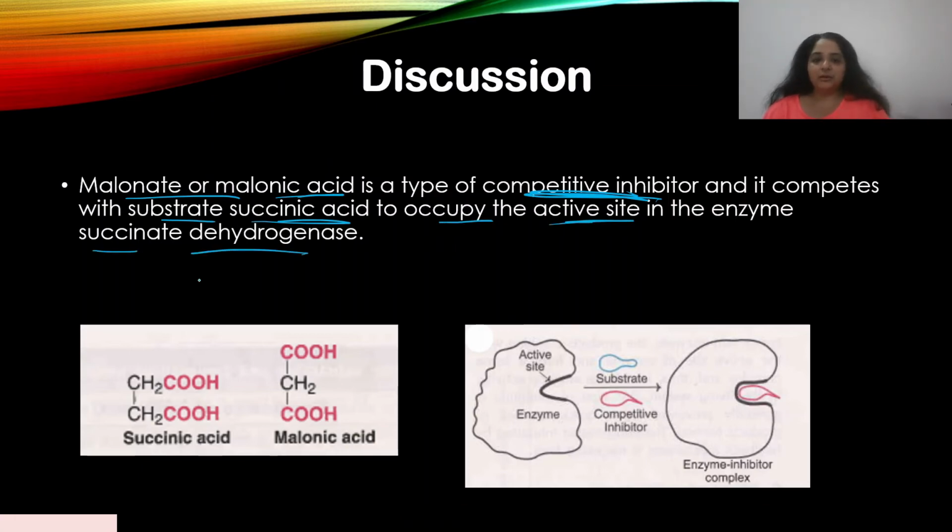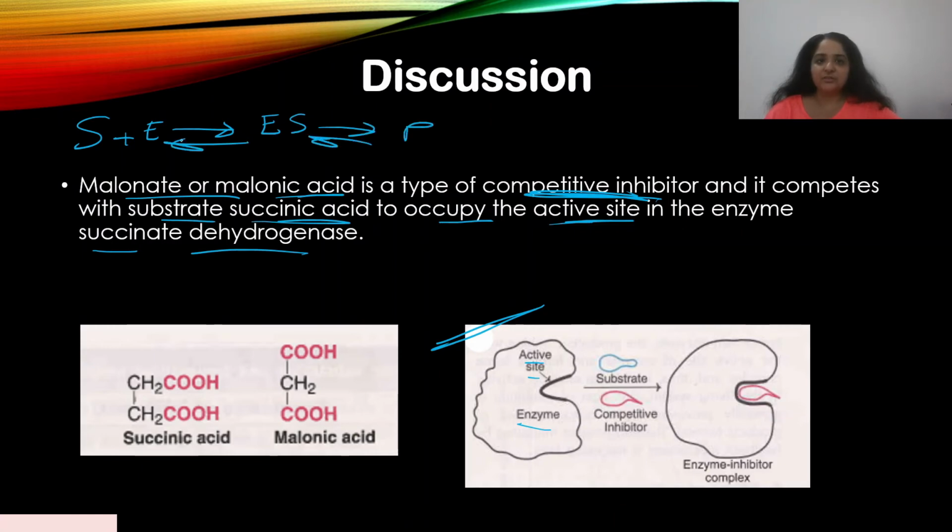Okay, so now if you look at this diagram here, in case you are not aware of what inhibition of enzymes is, let's say you have an enzyme, and enzymes have active sites to which the substrate attaches. So you have a substrate, you have the enzyme, it forms an enzyme substrate complex which eventually forms product.